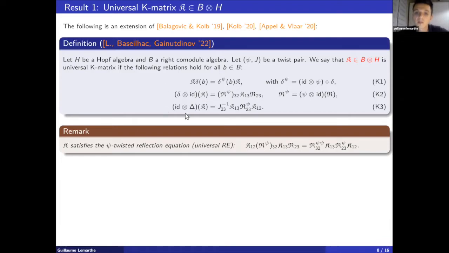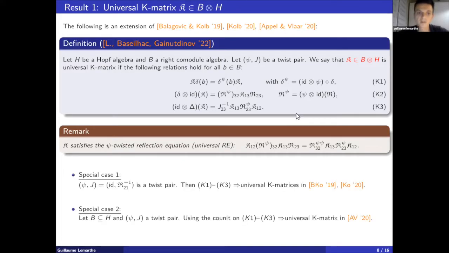And the last two relations tell you how the coaction delta acts on the leg B, the first one, and how the coproduct delta acts on. Okay, so having these three axioms, you can show that they imply the universal reflection equation, which is of the form KRKR.